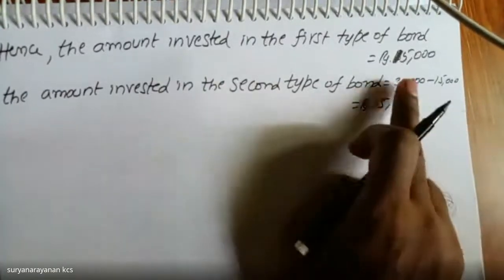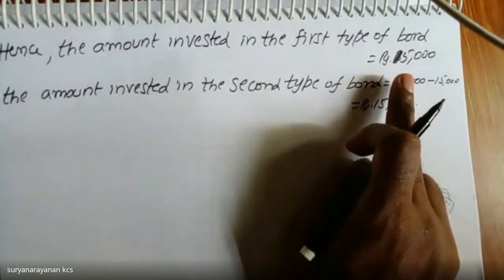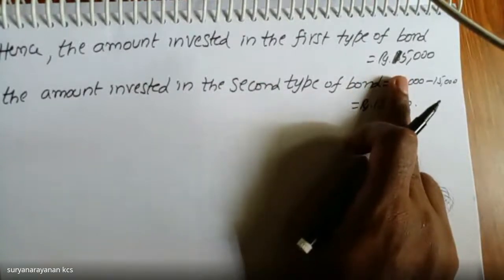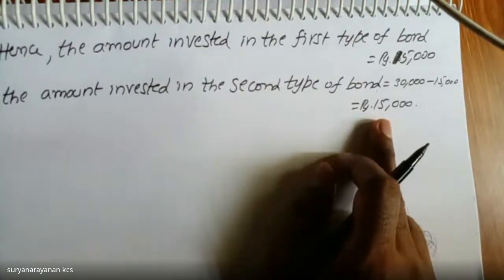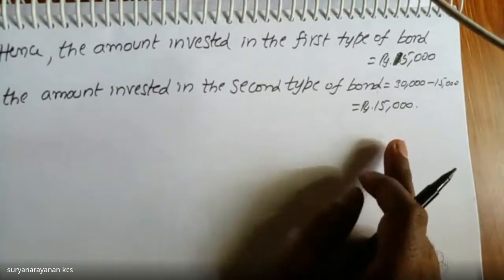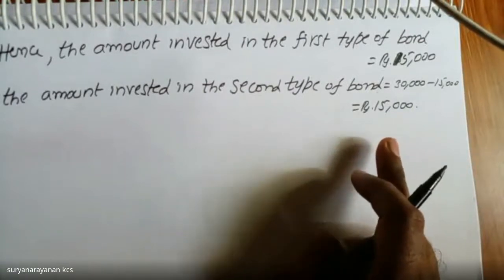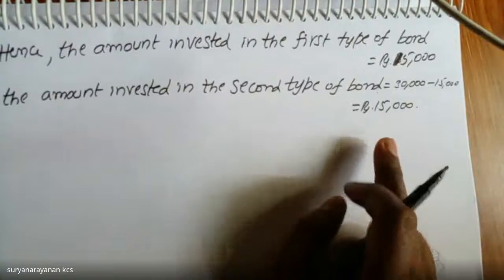So if they invest 15,000 rupees in the first type of bond and 15,000 rupees in the second type of bond respectively, then totally they get 1,800 as interest at the end of the year.